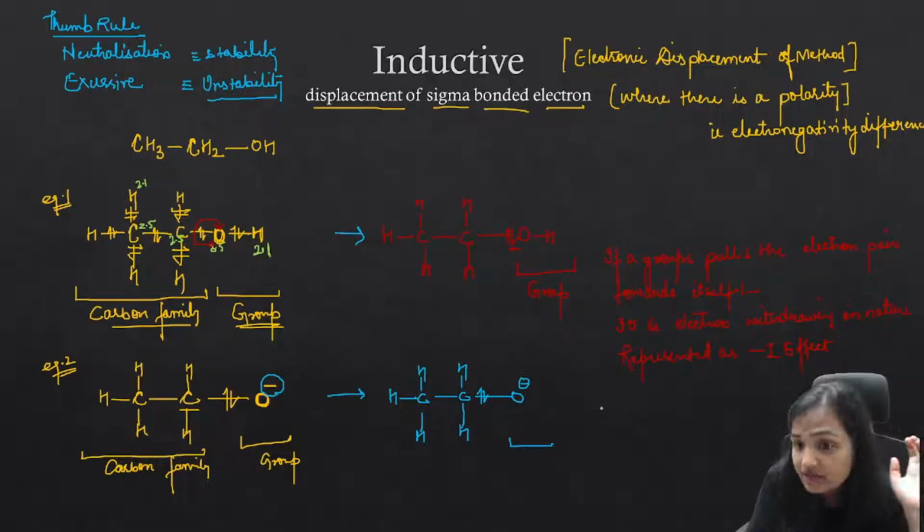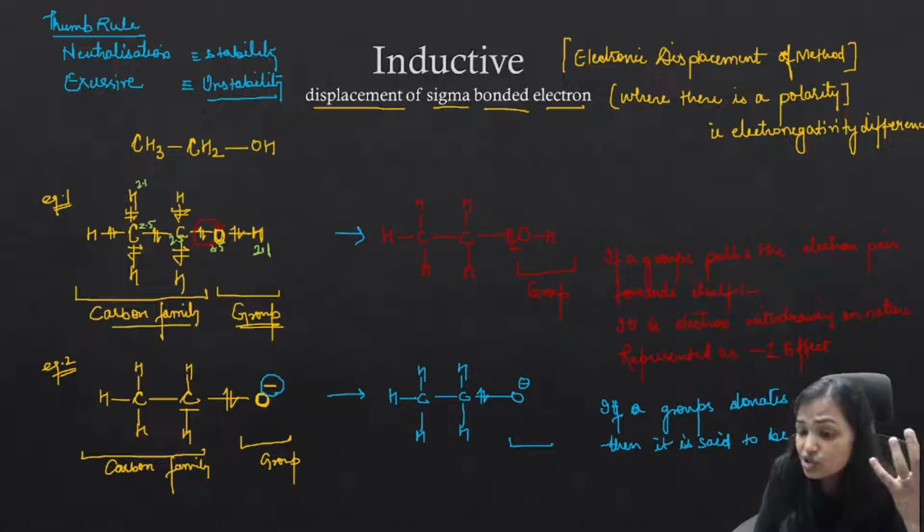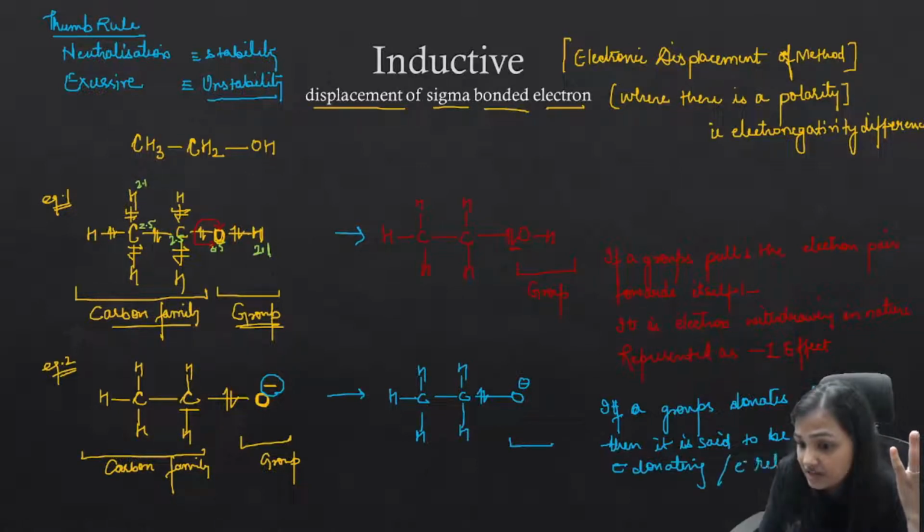Okay, so whenever a group gives its electron pair, meaning donates electrons, then it is said to be electron rich, or we can say that it is electron donating, electron rich or electron donating in nature, and sometimes we also say electron releasing in nature.